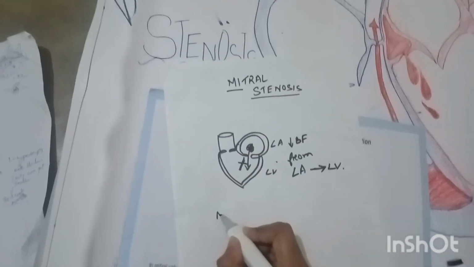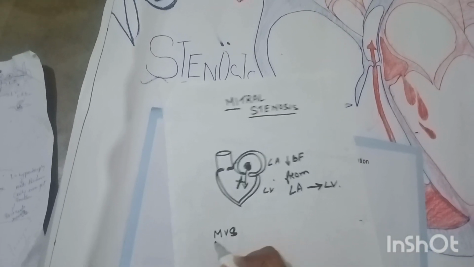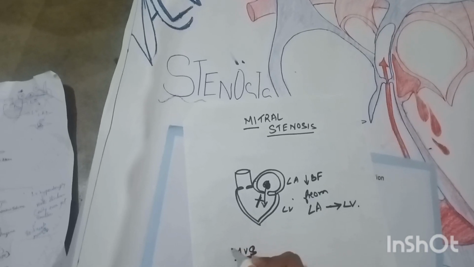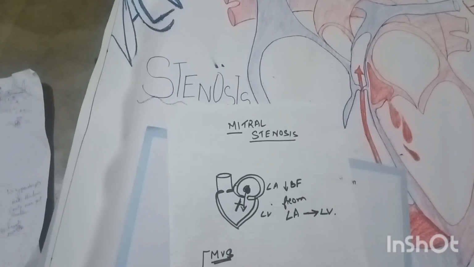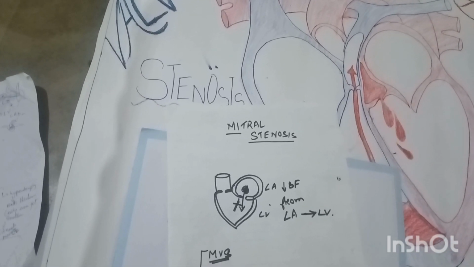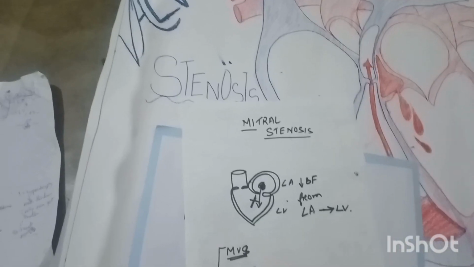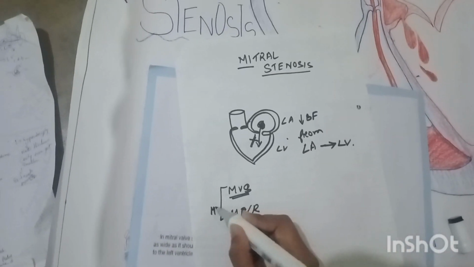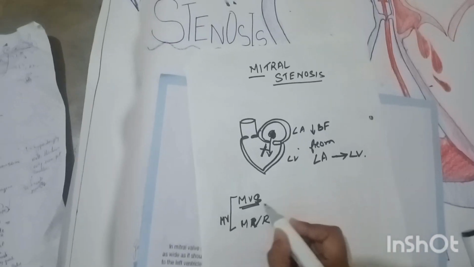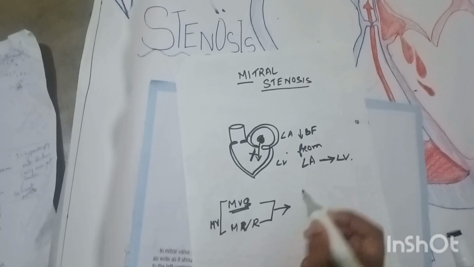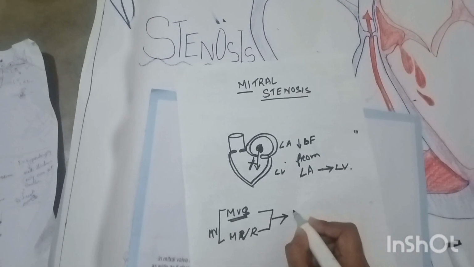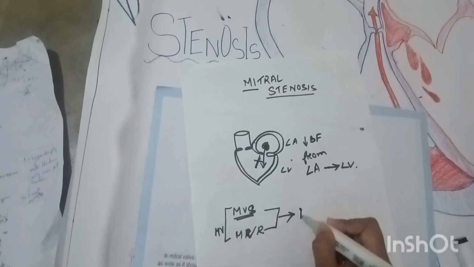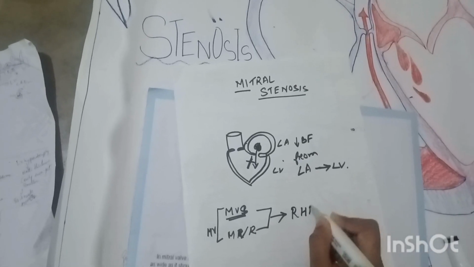Mitral valve disease includes both mitral valve stenosis and mitral valve regurgitation. In this mitral valve stenosis or regurgitation, the main cause for the valve rupture or disease is rheumatic fever.